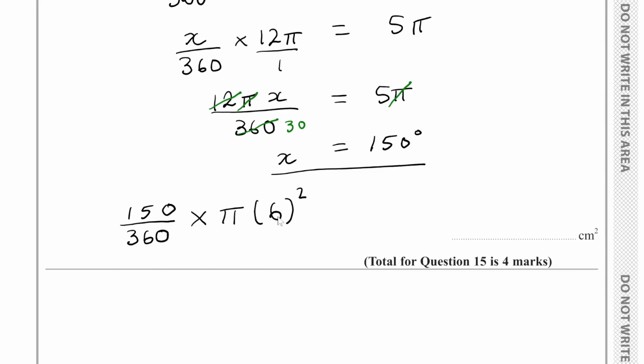So we just need to simplify this. 6 squared is 36. I'm going to change 150 over 360 into 15 over 36. And it's that times 36 pi. And the 36's cancel out. We're just left with 15 pi.